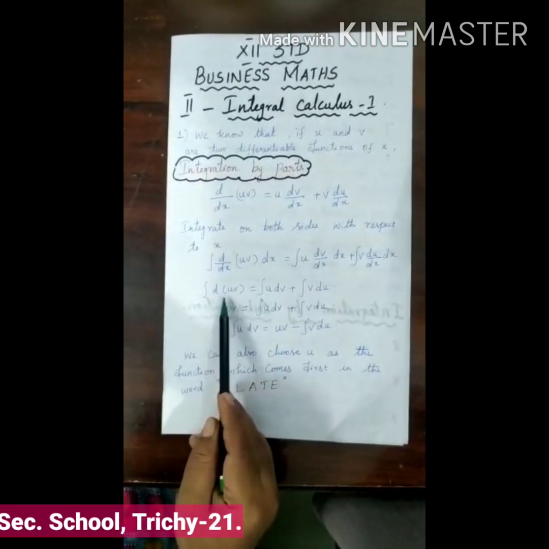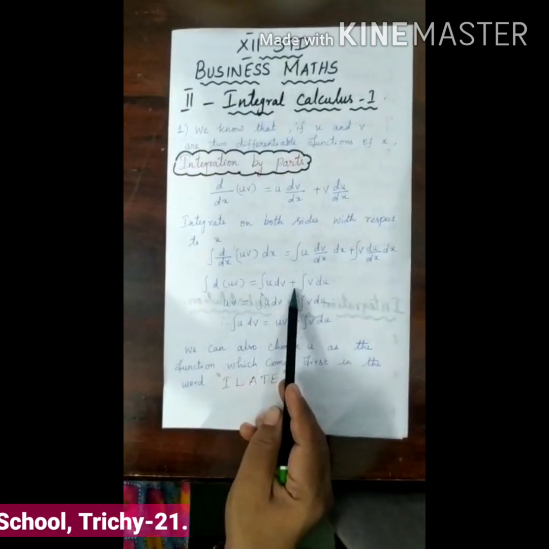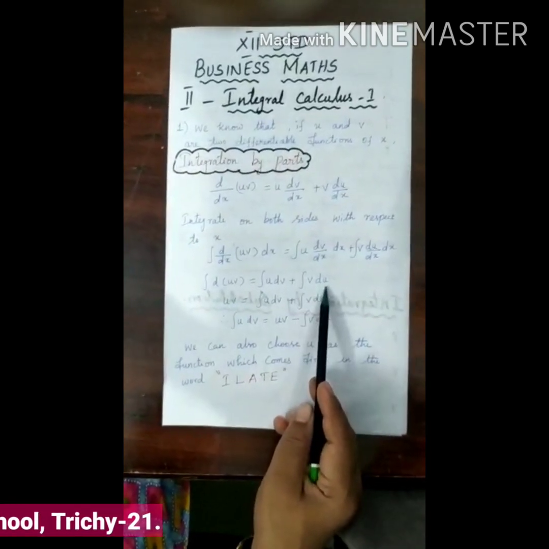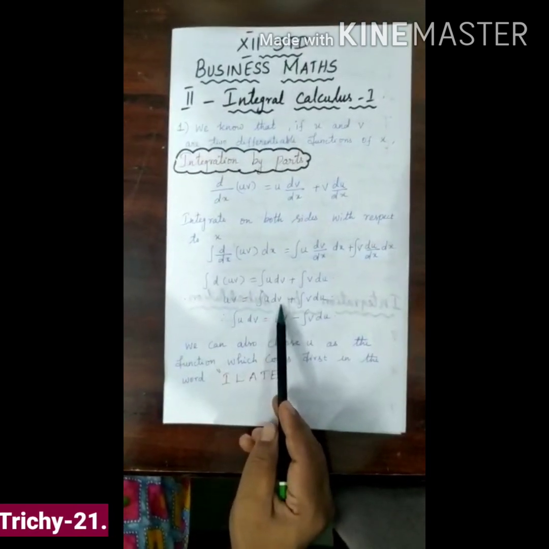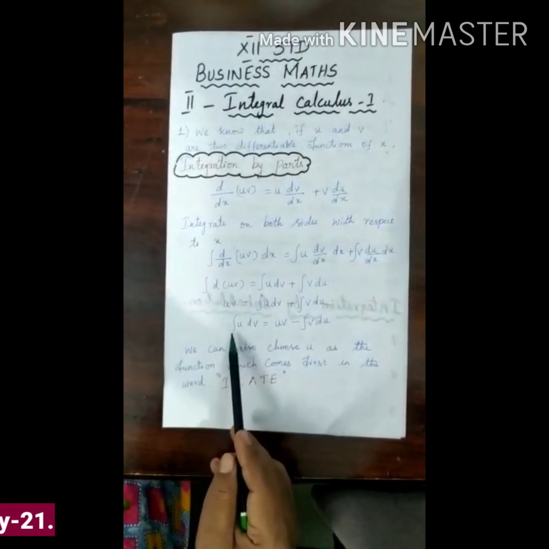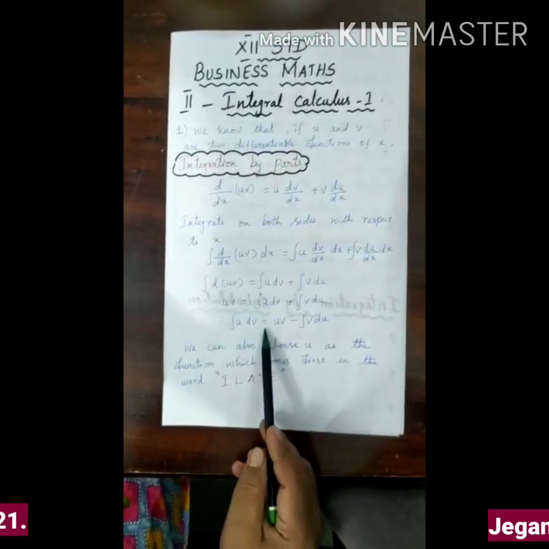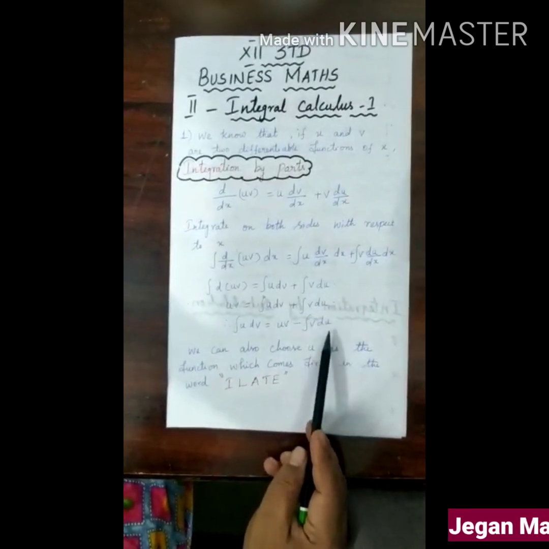Integral of d of uv is equal to integral of u dv plus integral of v du. uv is equal to integral of u dv plus integral of v du. Therefore, integral of u dv is equal to uv minus integral of v du.